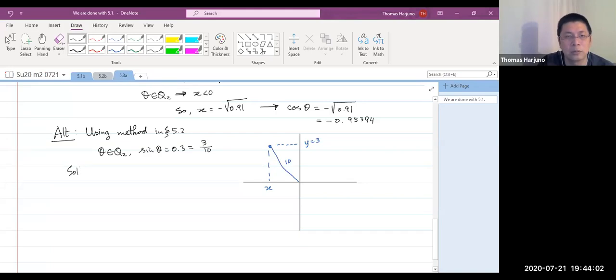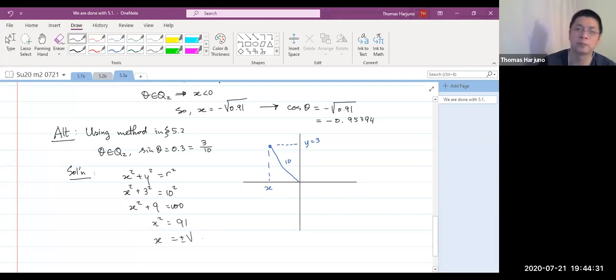Solution: x squared plus y squared equals r squared, right? This time the r is 10, the y is 3, and I need to find the x. So x squared plus 9 equals 100, so x squared equals 91. x will be plus or minus square root of 91.